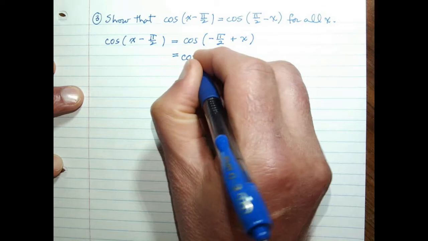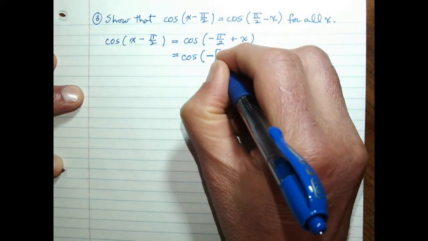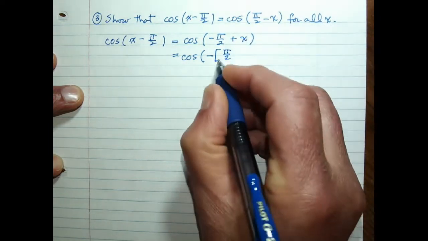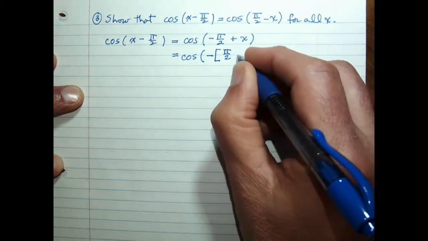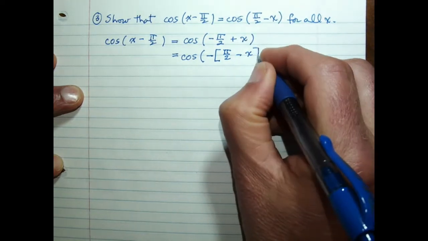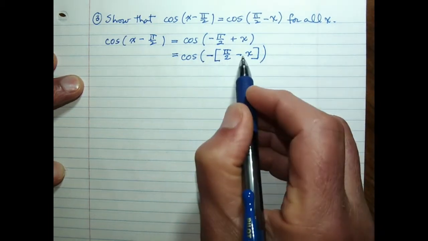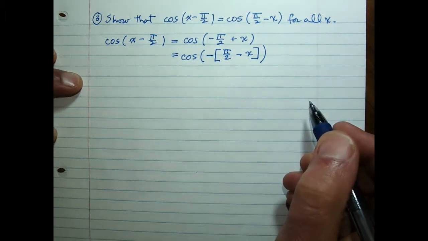And then I'm going to factor out a minus sign from those two terms inside the rounded parentheses. So I get minus pi over 2. If I factor out a minus sign from plus x, I get a minus x, right? So I have a layering of grouping here. This minus, a minus x is equivalent to plus x.